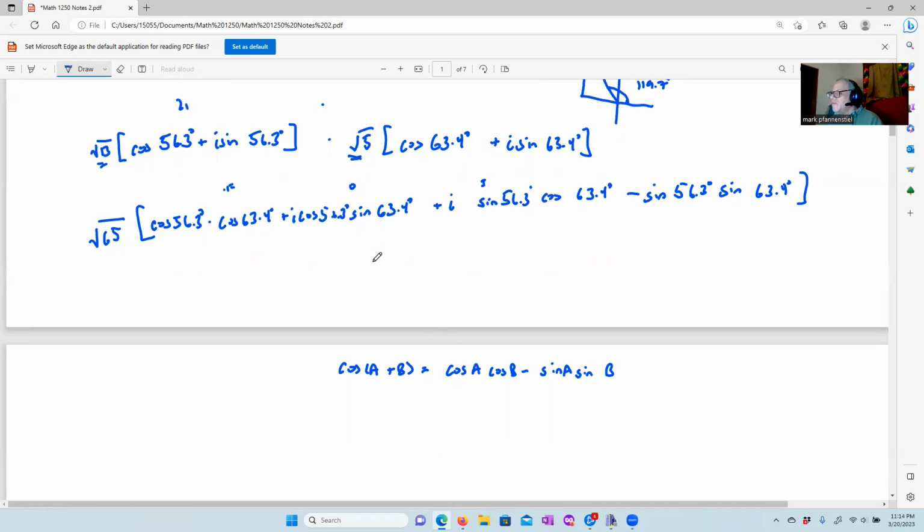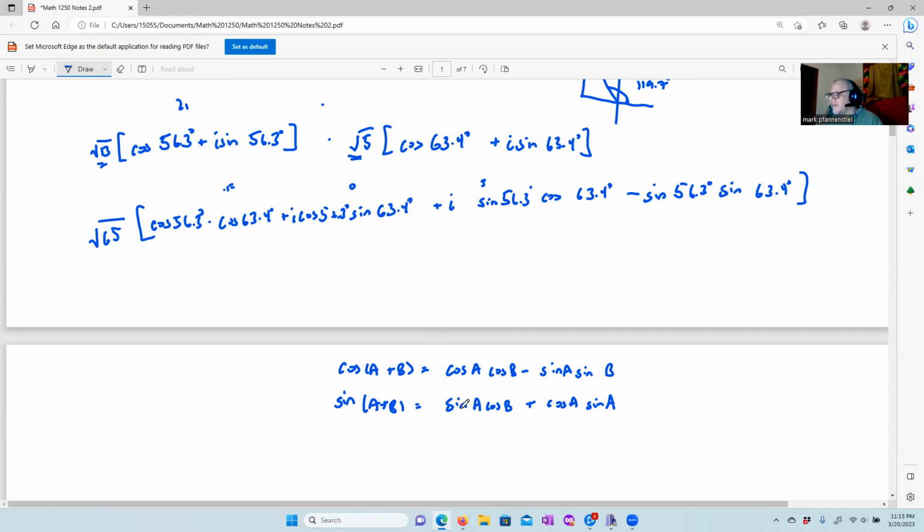What was sine of A plus B? Sine of A plus B was equal to sine A cosine B plus cosine A sine B. Cosine of the first, sine of the second, plus cosine of the second, sine of the first.